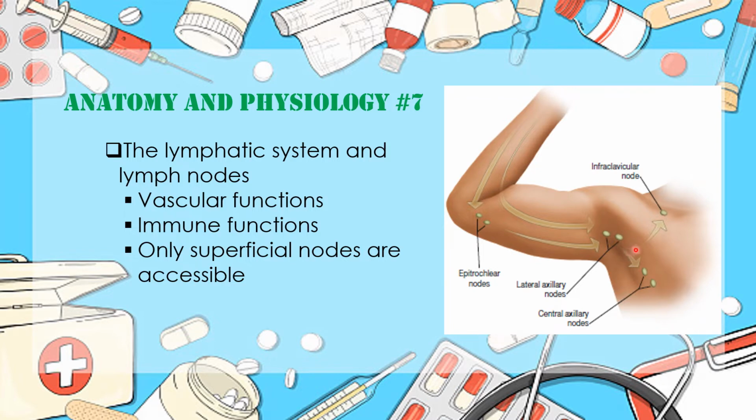Lymphatics from the ulnar surface of the forearm and the hand, the little and the ring fingers, and the adjacent surface of the middle finger, however, drain first into the epitrochlear nodes. These are located on the medial surface of the arm, approximately 3 cm above the elbow. Lymphatics from the rest of the arm drain mostly into the axillary nodes, and a few may go directly to the infraclavicular nodes.